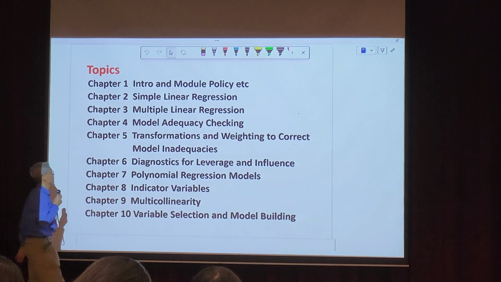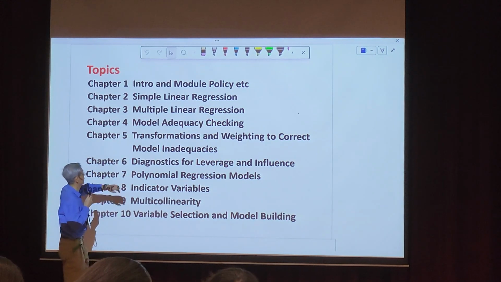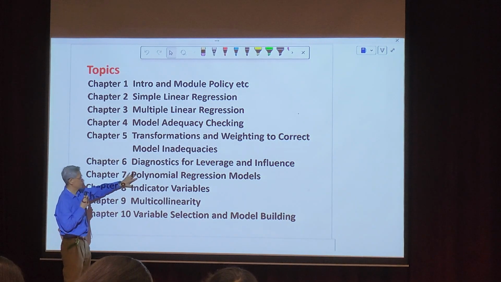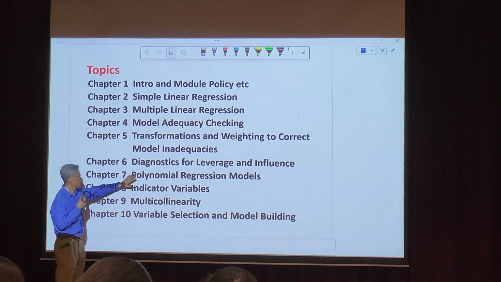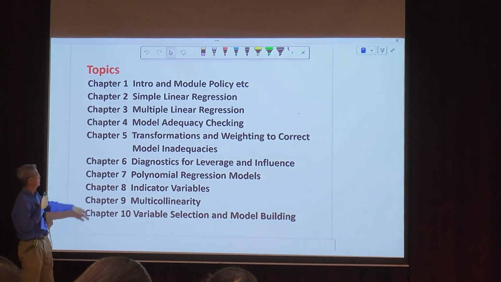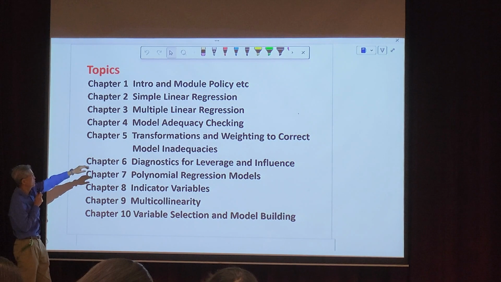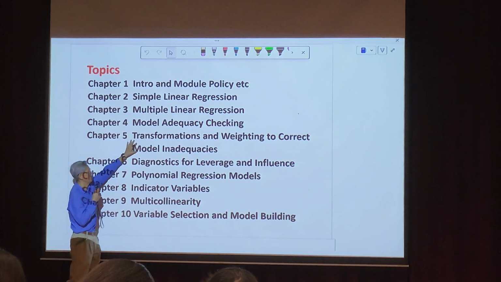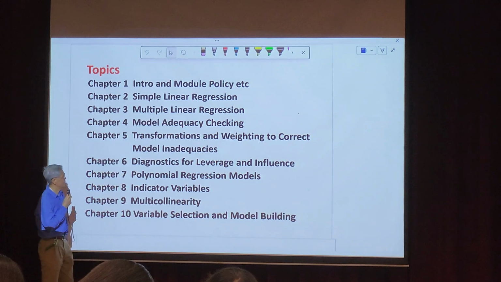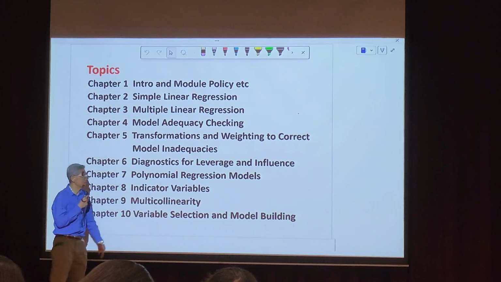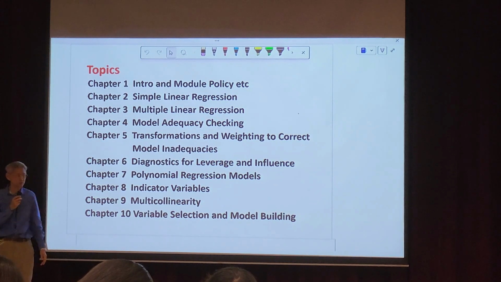We know what simple linear regression and multiple linear regression are, and then there are 2 special types of linear regression, polynomial and indicator. And then we need to know how to do model adequacy checking, how to deal with whatever adequacy problem that we find, and diagnostics for leverage and influential points.